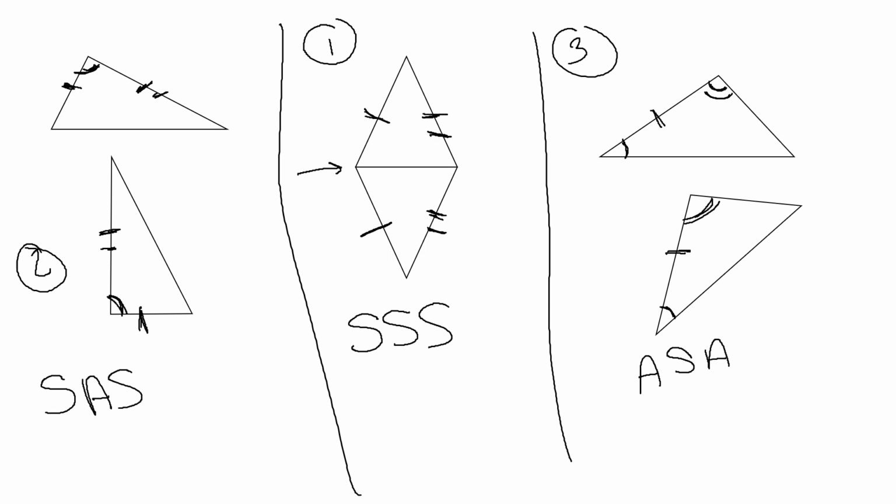You're just going to look at two triangles and decide if they are congruent by side, side, side; side, angle, side; angle, side, angle; or, let me look it up, angle, angle, side.